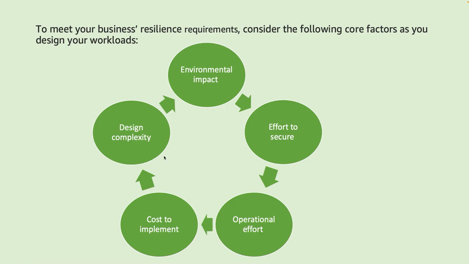For example, while you're making trade-offs on resiliency related decisions on your architecture, consider the design complexity that comes in. An increase in systems complexity typically increases the emergent behaviors of that system, right? For example, you ideally want each individual workload component to be resilient.